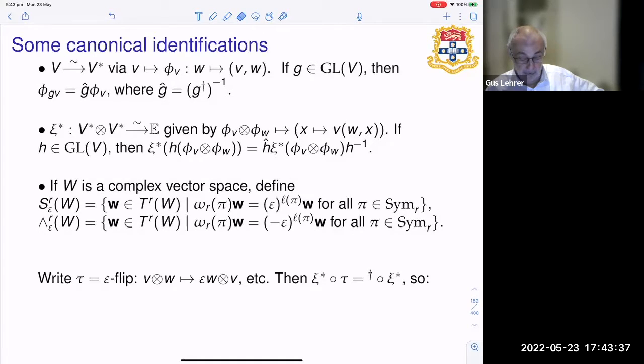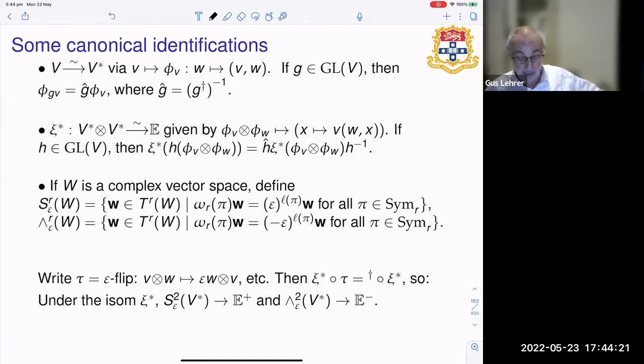Now we have this epsilon flip, which we've seen before, which just interchanges these with the insertion of an epsilon, and then you have this equation that if you take the composition of epsilon star and tau on V star tensor V star, then you get this.